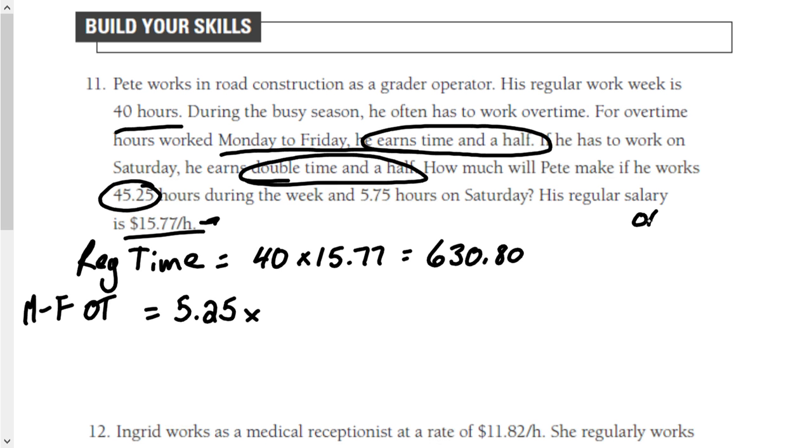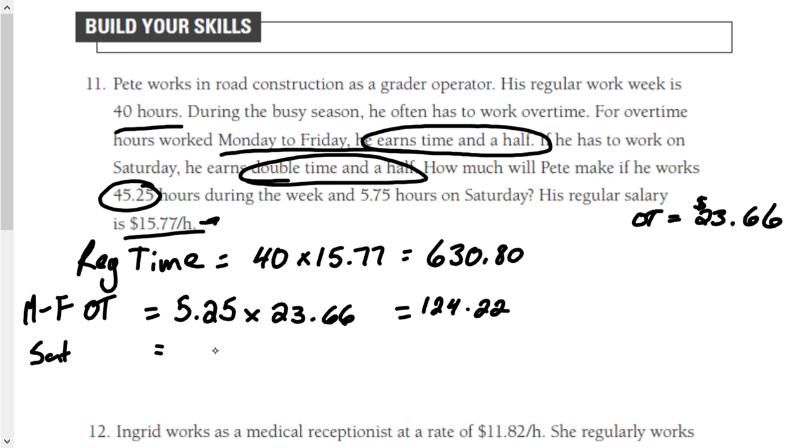So OT is equal to $23.66. That gives us 124.22.